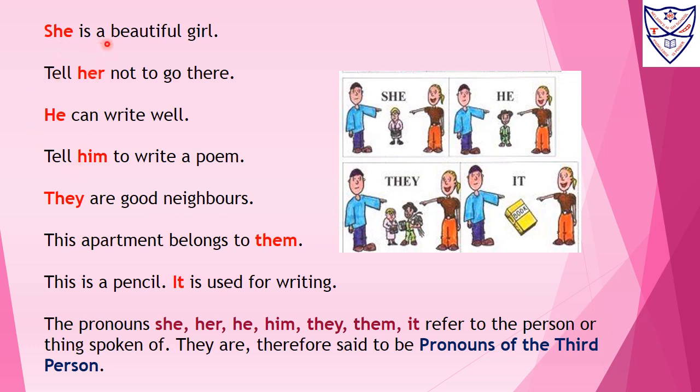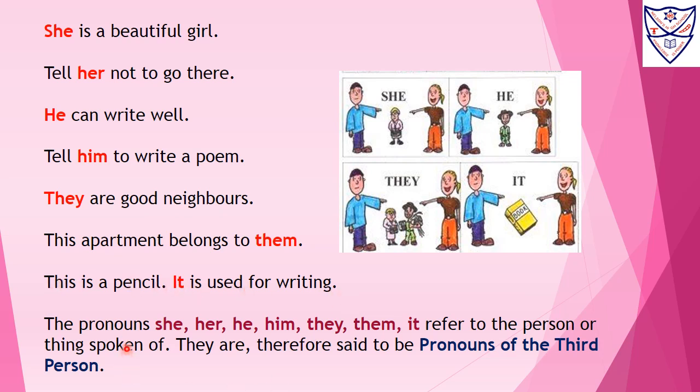She is a beautiful girl. Now here we are talking about somebody else. Tell her not to go there. He can write well. Tell him to write a poem. They are good neighbors. This apartment belongs to them. This is a pencil. It is used for writing.